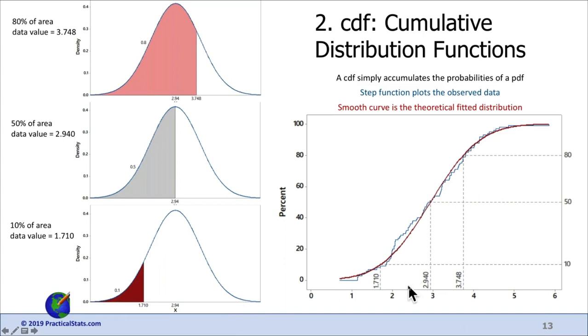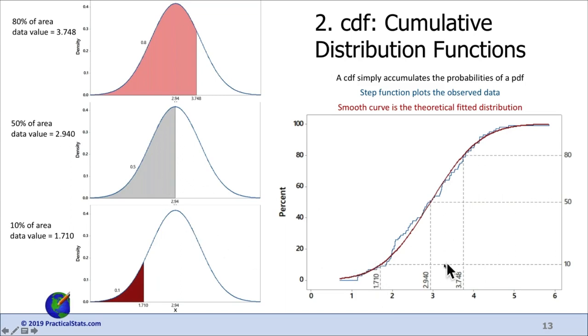So it's basically plotting percentiles. And we're going to fit an S-shaped curve for a normal distribution that has a value of 1.71, and that hits right at, on the vertical axis, the 10th percentile. 10% of the data are at 1.71 or below.